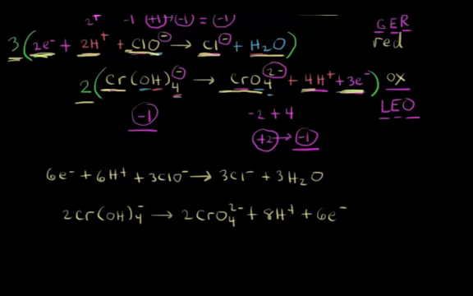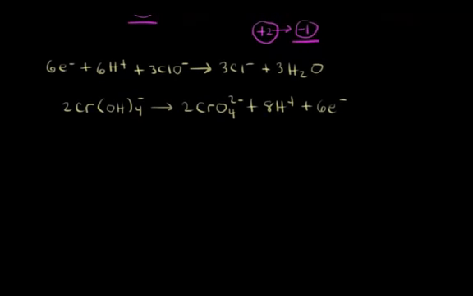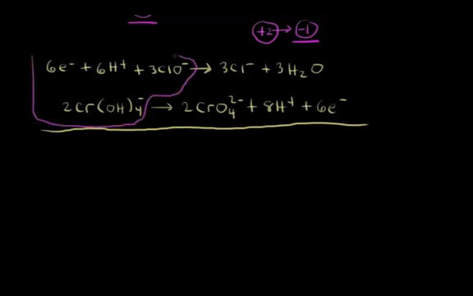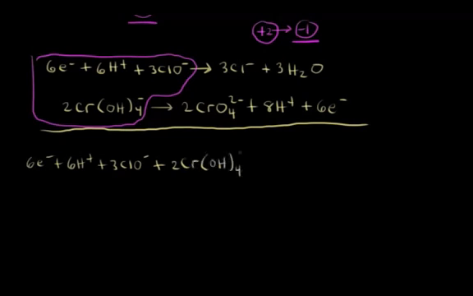Next, we're going to add our half reactions together. So once again, we're still pretending like we are in acid here. We're going to take all of our reactants and put them on one side. So let's do that first. So we have 6 electrons plus 6 protons plus 3ClO minus plus 2Cr(OH)4 minus.